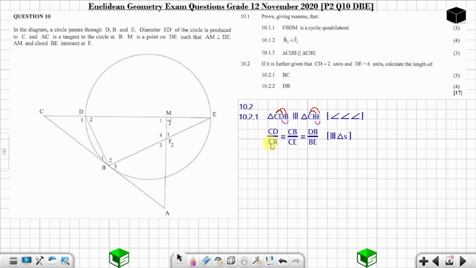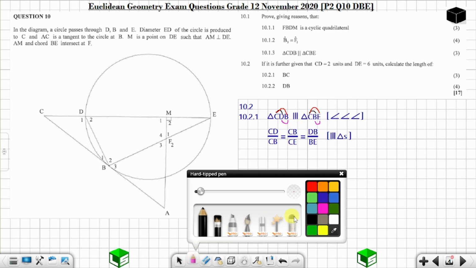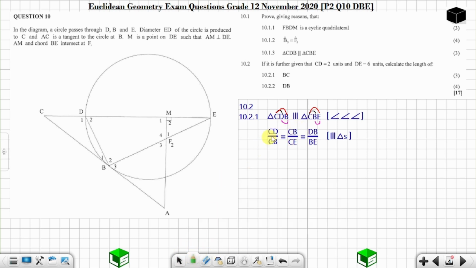You have BC in this ratio and BC in this ratio, so we are going to use this part. You need CD, and you are given CD. You need CE.